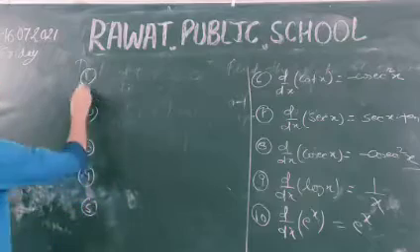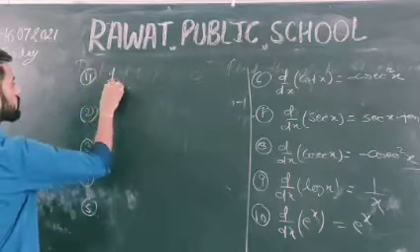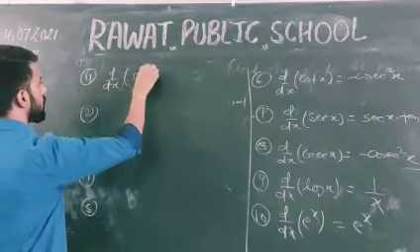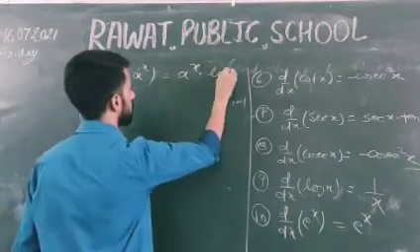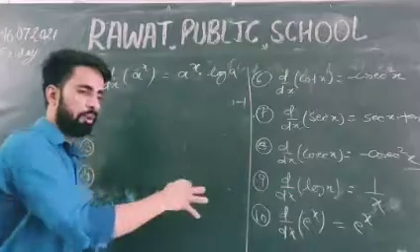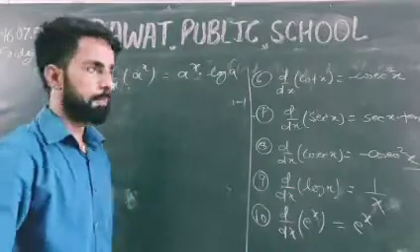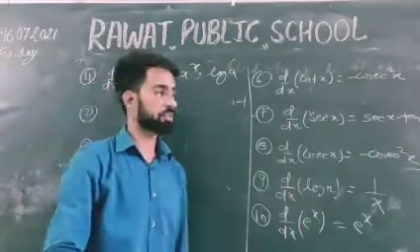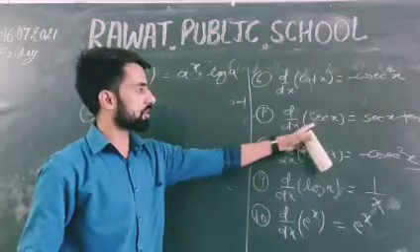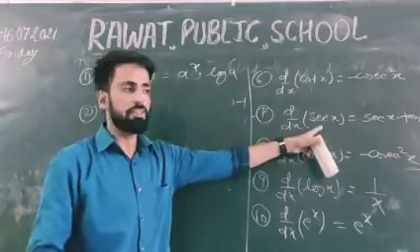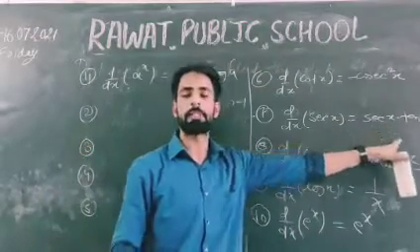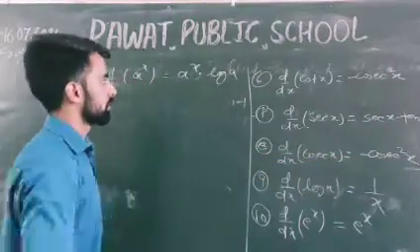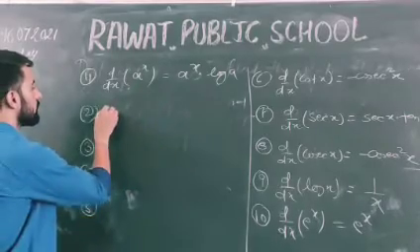Now if I take the differentiation of a to the x, another exponential function, it will give us a to the x log a. So these are some basic formulas we always need to memorize when we are differentiating functions, because we should know what change sec x will give us if we differentiate it with respect to x. The change in this function will be sec x tan x. So that's why we need to memorize these formulas.